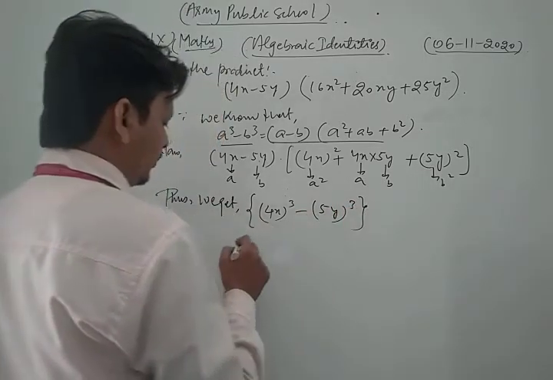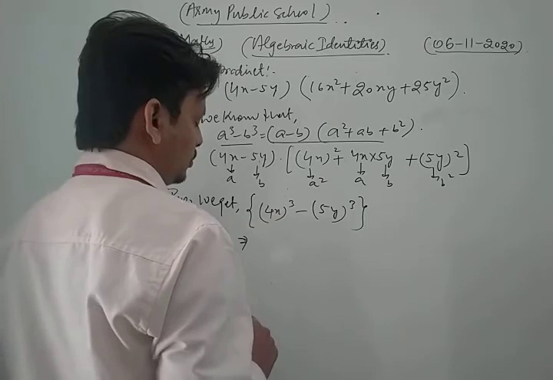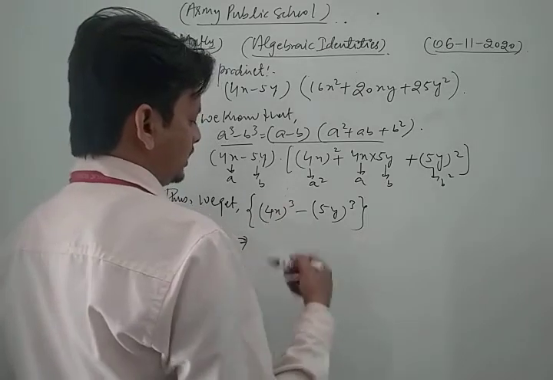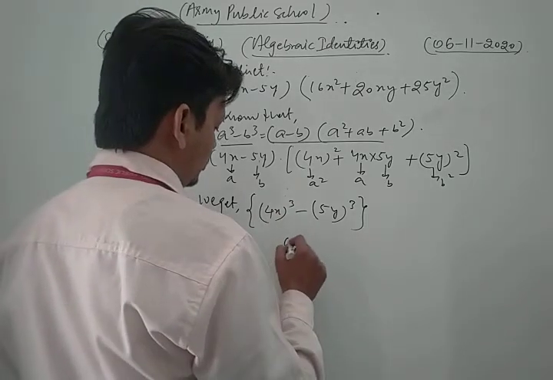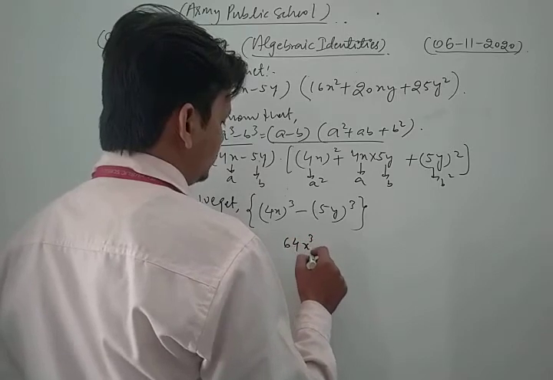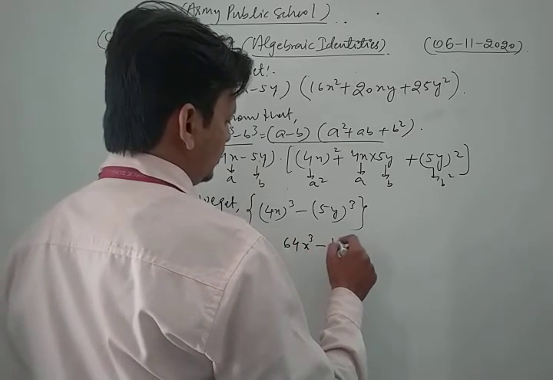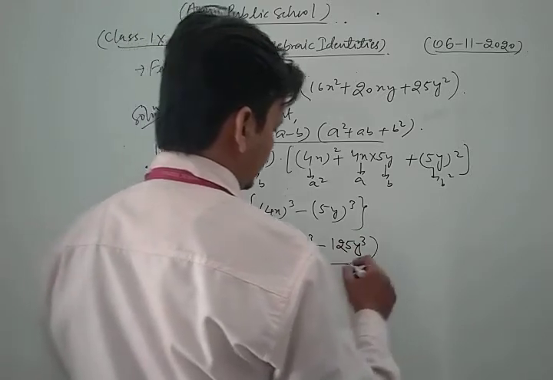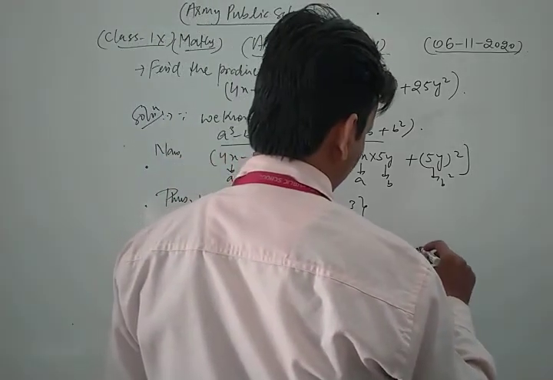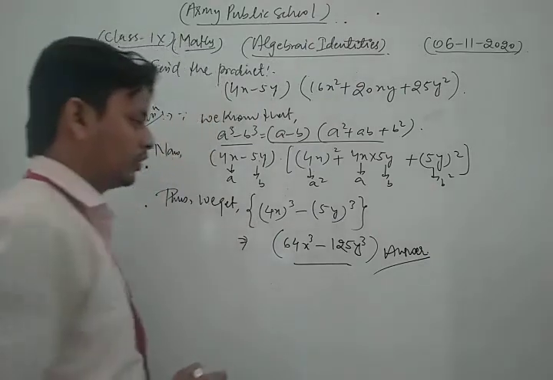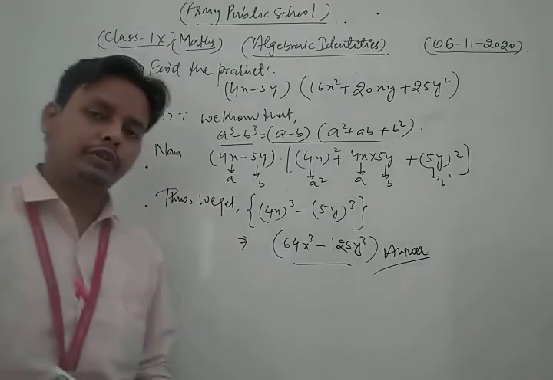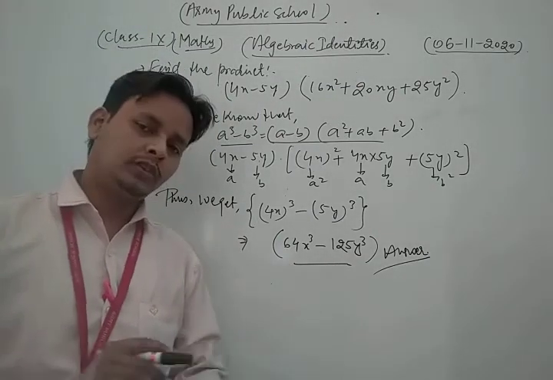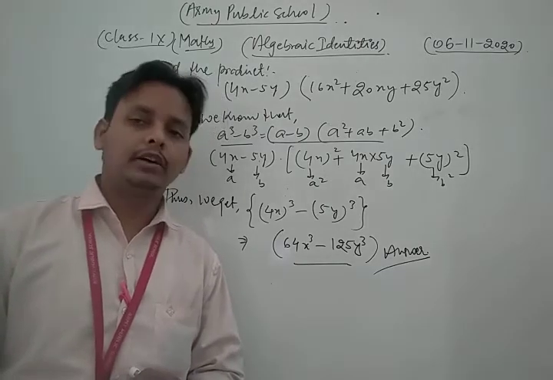After solving them we get 4 times 4 times 4 is 64, x cube minus 125 y cube. This is our required solution of the given question, which is 64x cube minus 125y cube.